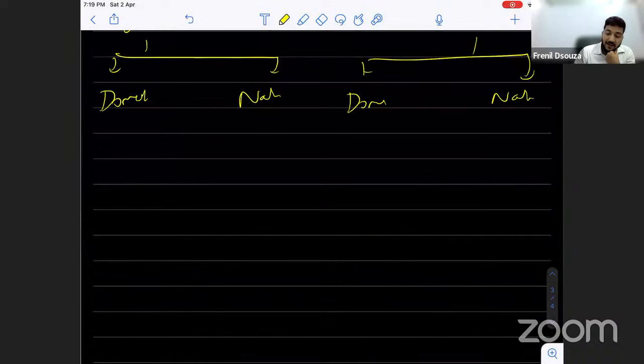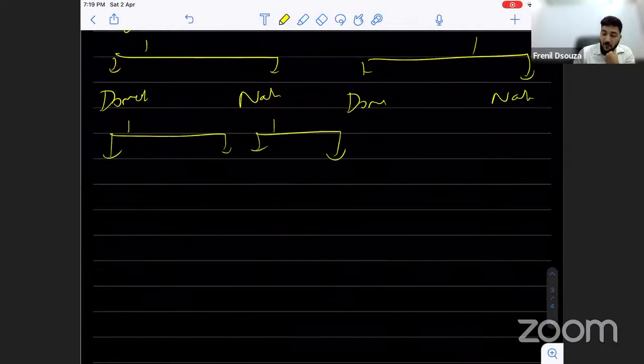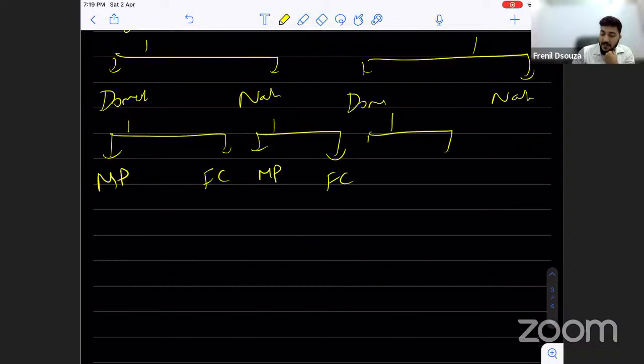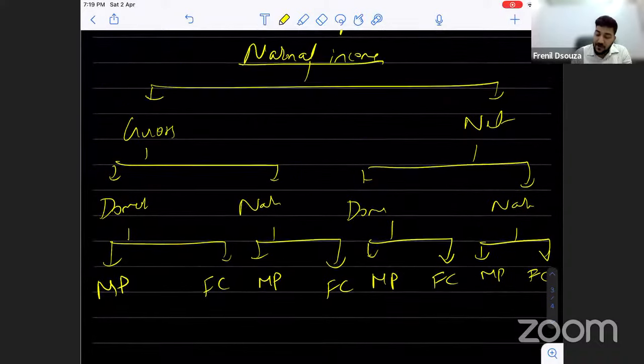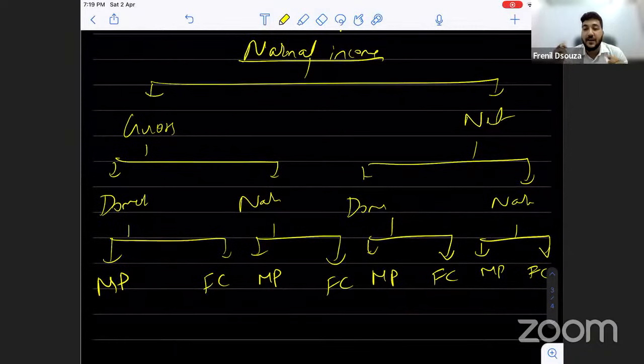And after dividing that into domestic and national, I further divide it into two, right? What is it? It is at market prices and at factor cost. And when you add these three things, you get 8 measures.